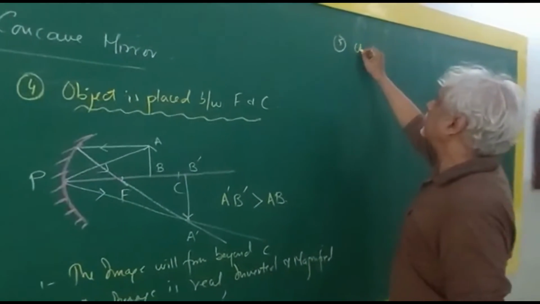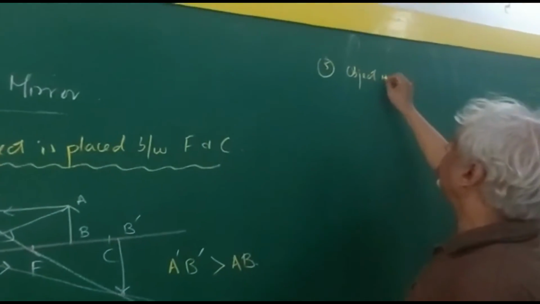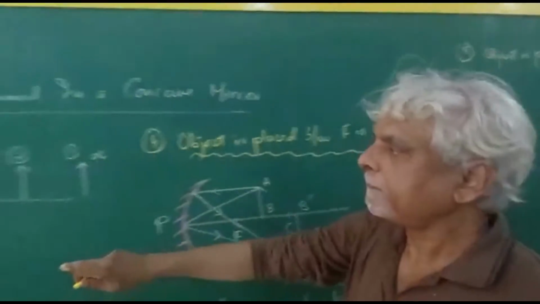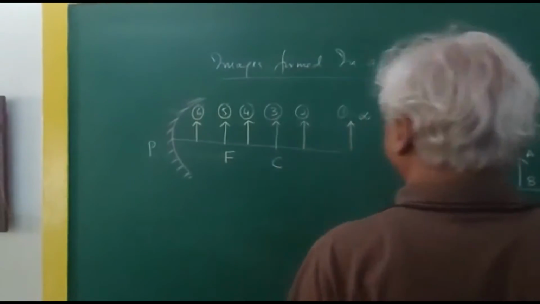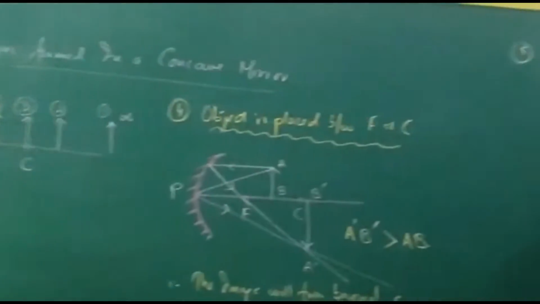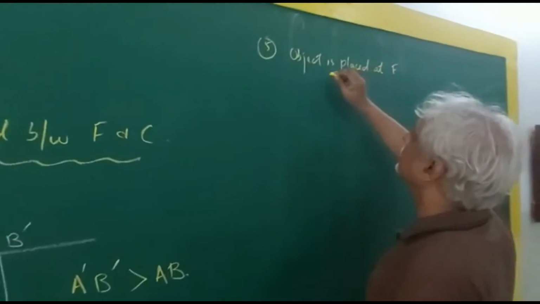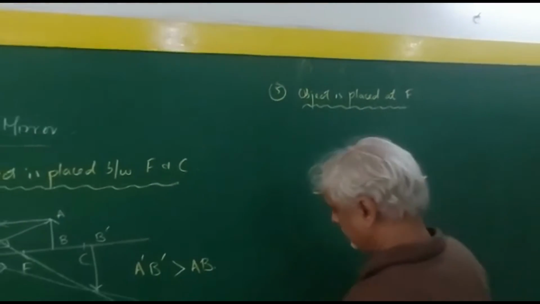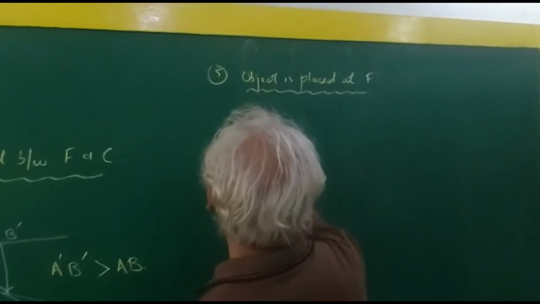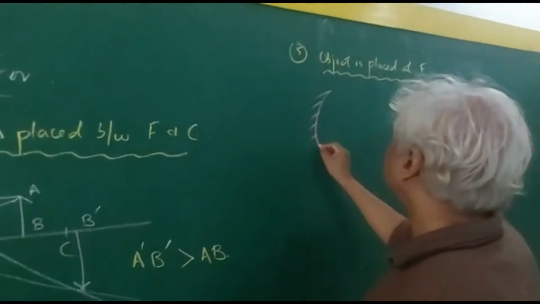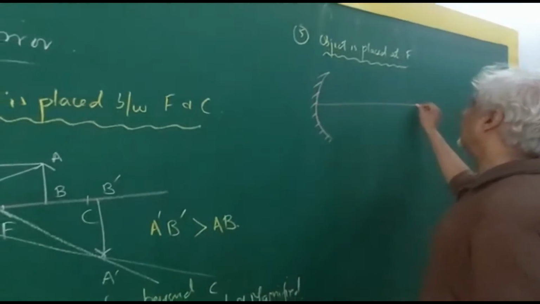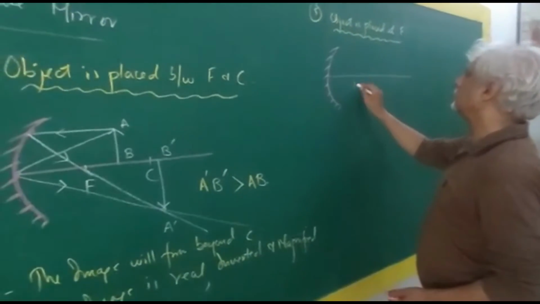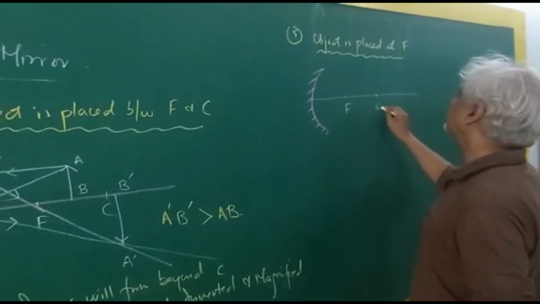Let's move on to the next case, case number 5, when the object is placed at the principal focus, at the focal point F. You just draw this concave mirror, the principal axis, this is the principal focus F, and the center of curvature.